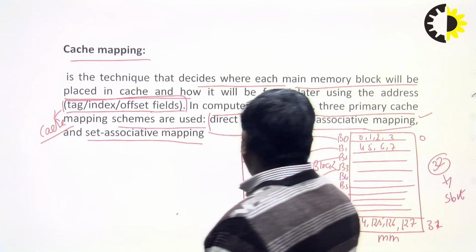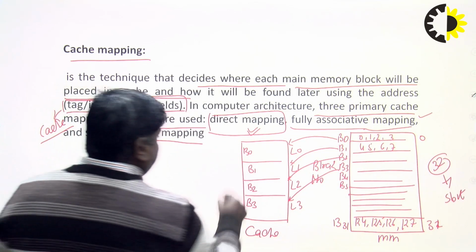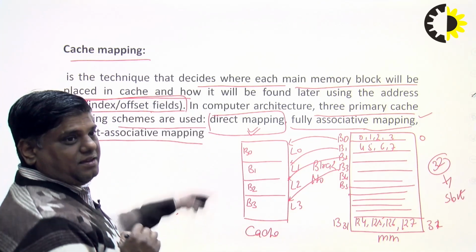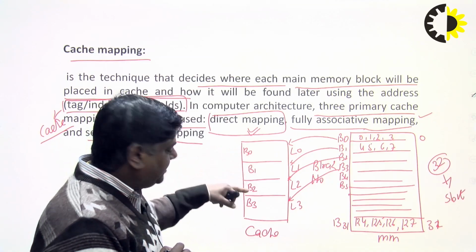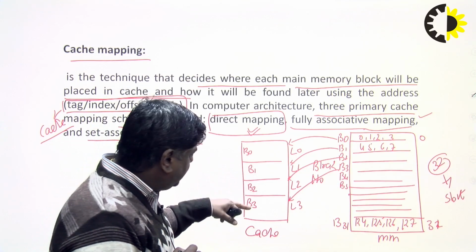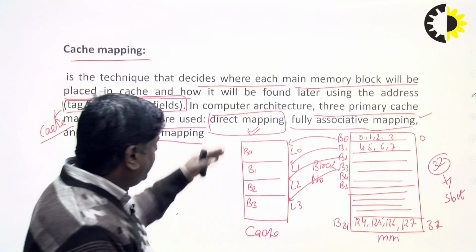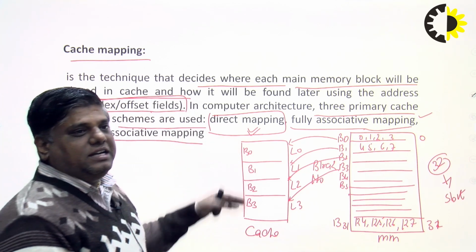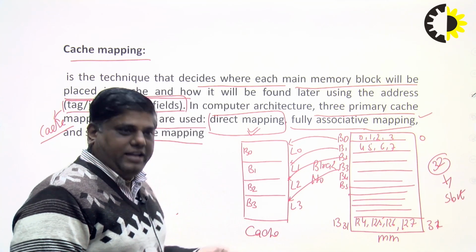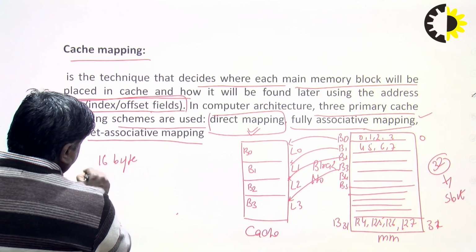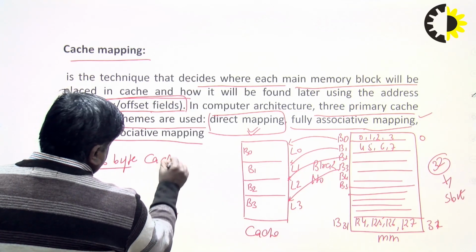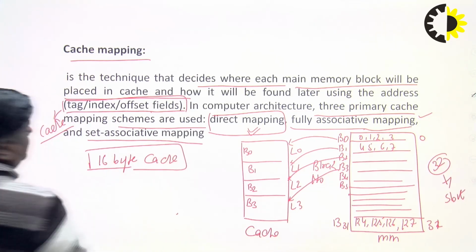The size of this is 4 bytes. The size of this is also 4 bytes. The size of this is also 4 bytes. And the total number of blocks is 4 lines. It means 16 bytes. This is the cache size.